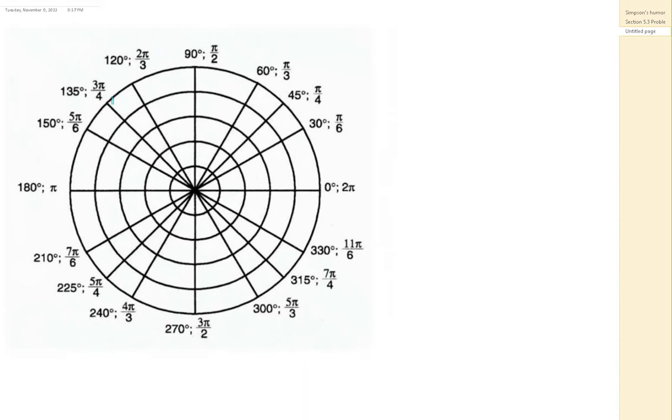It's probably going to be out here someplace. About there. But instead of getting there with a positive angle, I want a negative angle. I want to go this way.